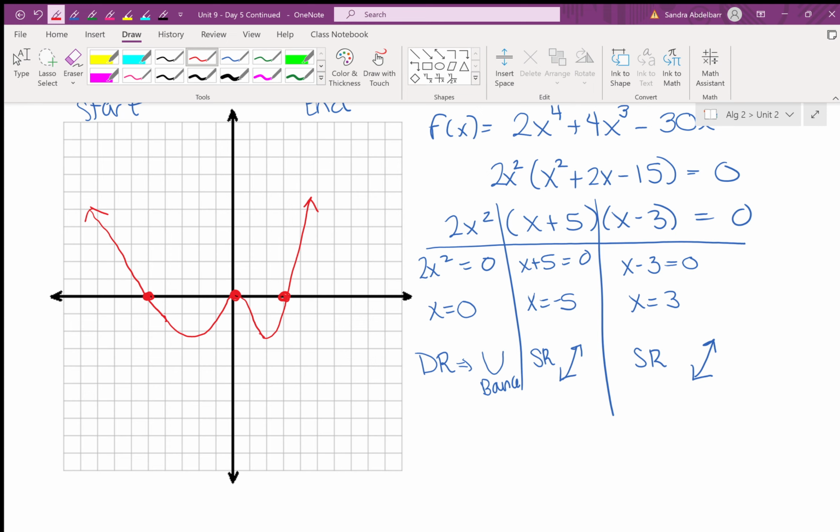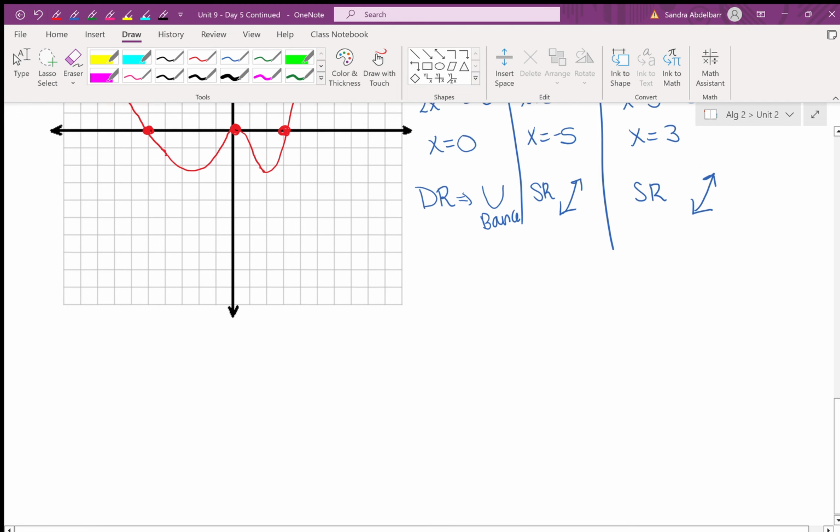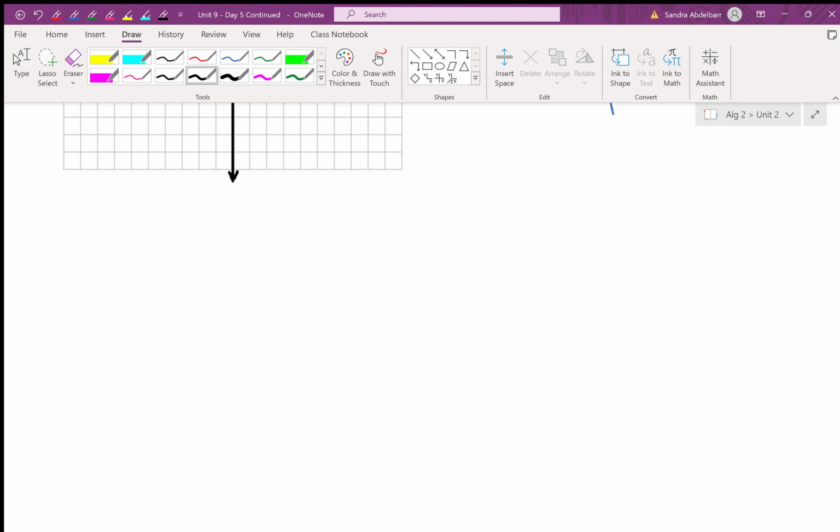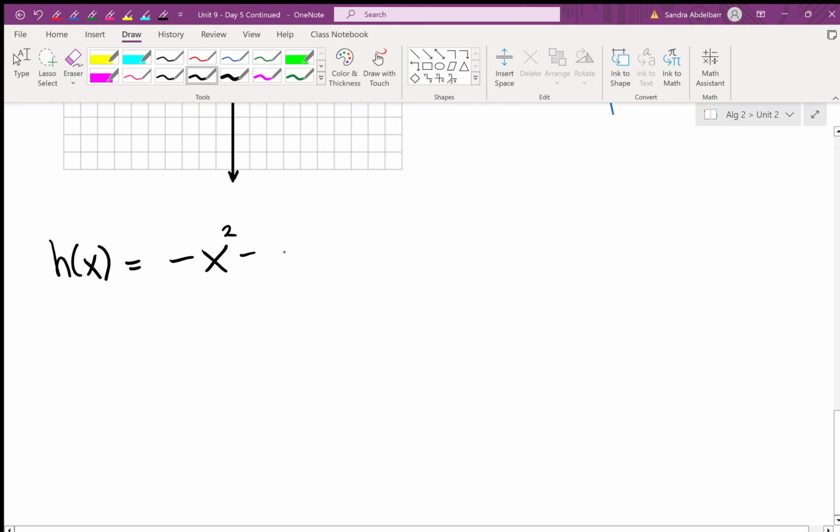Okay, let's do this one. It's a little fun, right? Okay, what have I done here? Our leading coefficient is negative. So what's the degree?